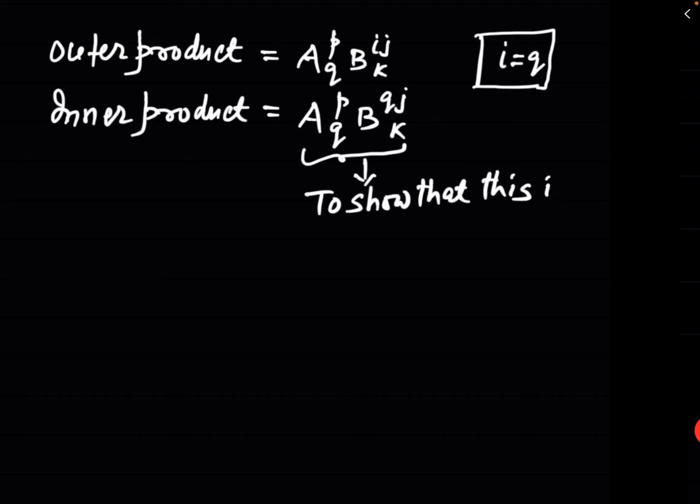So now let us consider the components of this tensor which we have obtained by setting the indices I and Q equal in the primed coordinate system.